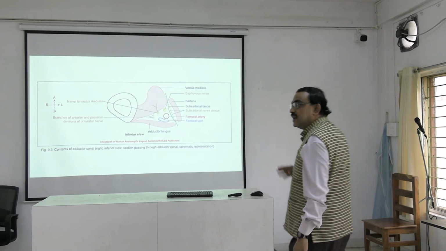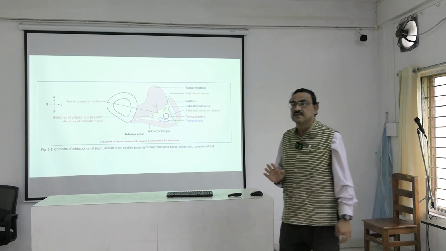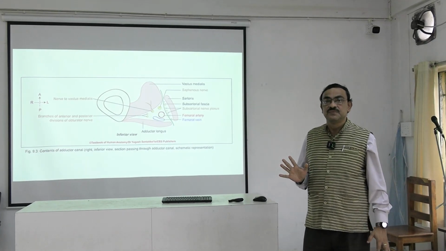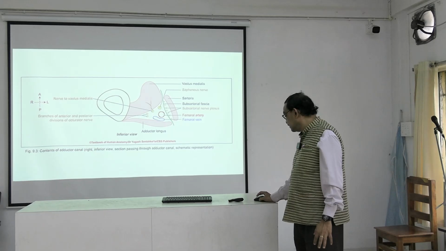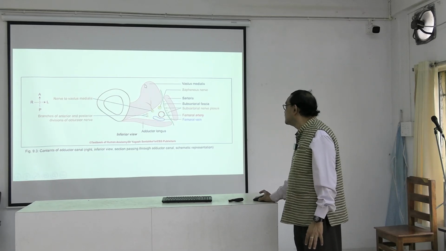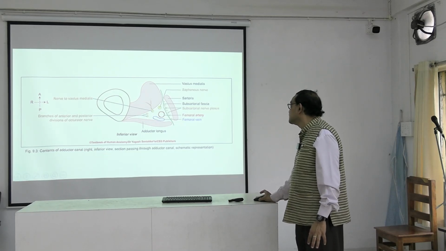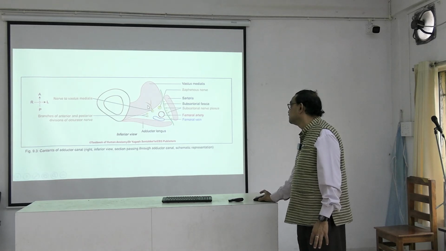So we will get the nerves which are related to this. First is the nerve related to this muscle. This is the vastus medialis muscle. So this is the nerve to vastus medialis.